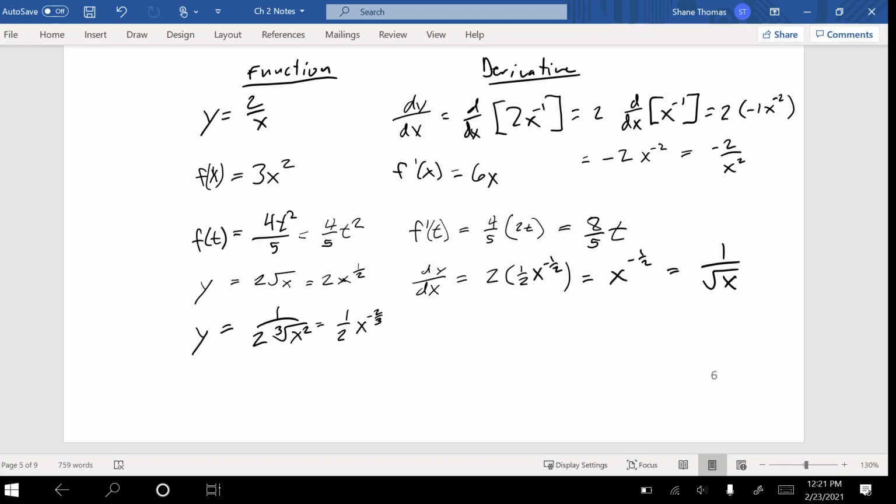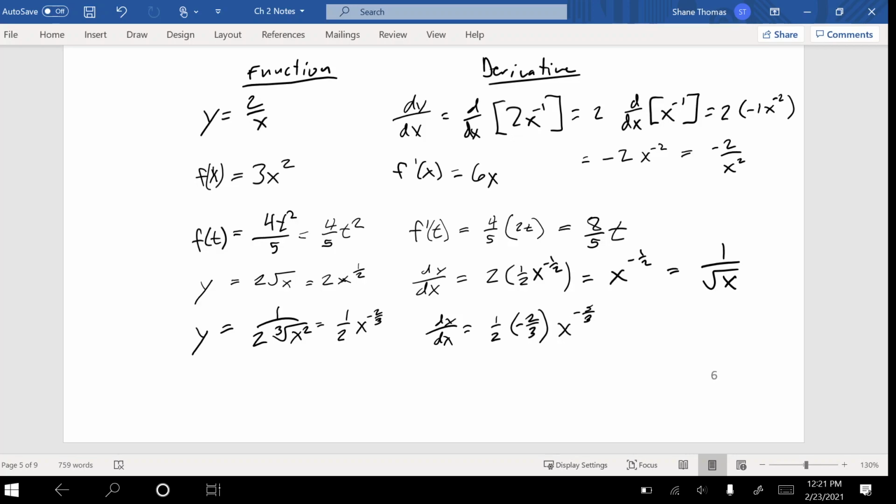So all I did was rewrite. Now, the derivative of y with respect to x is going to be 1/2 times negative 2/3 x to the negative 5/3 because I subtracted a 1.